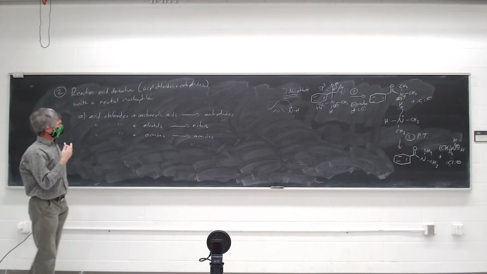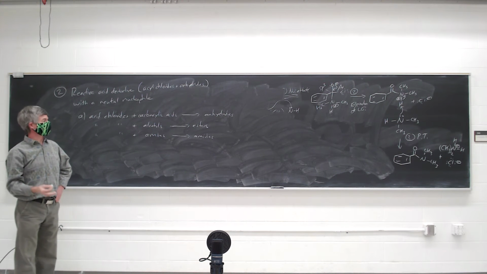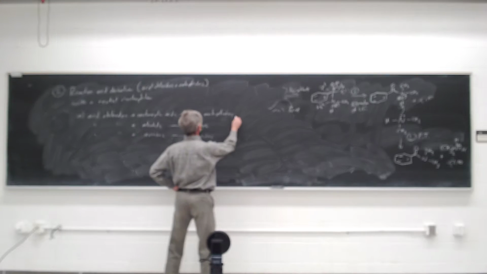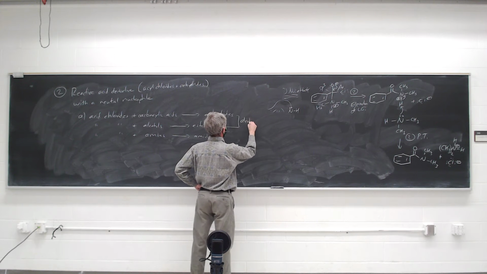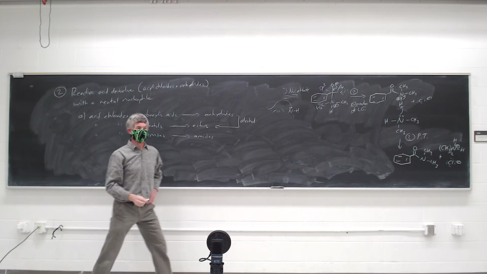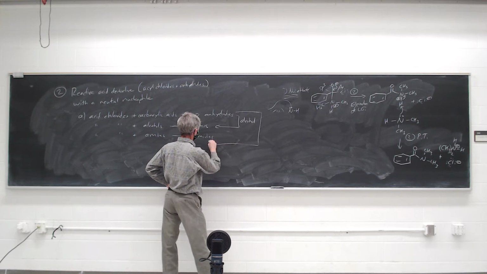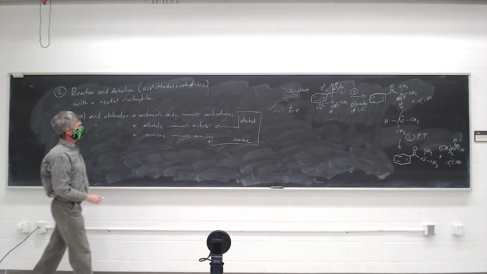As you go from the acid chloride to the anhydride to the ester to the amide, you gradually decrease in reactivity. So the anhydride can be converted to the ester by reacting with an alcohol, and the anhydride can be converted to the amide by reacting with an amine.